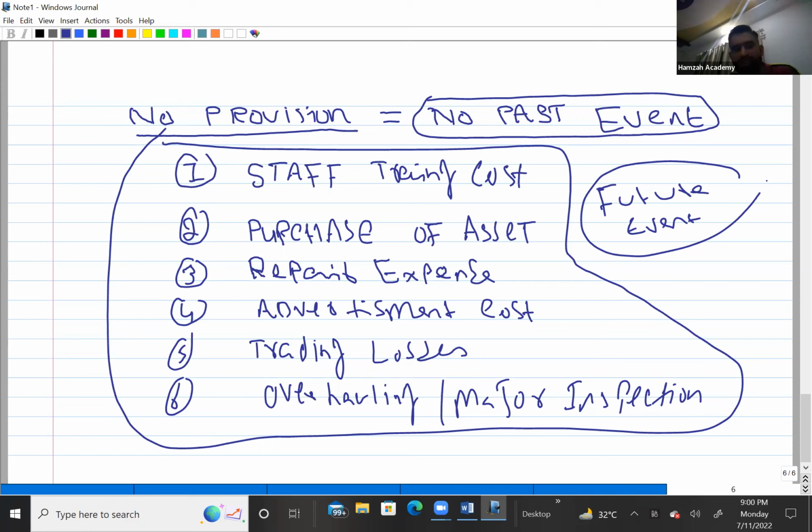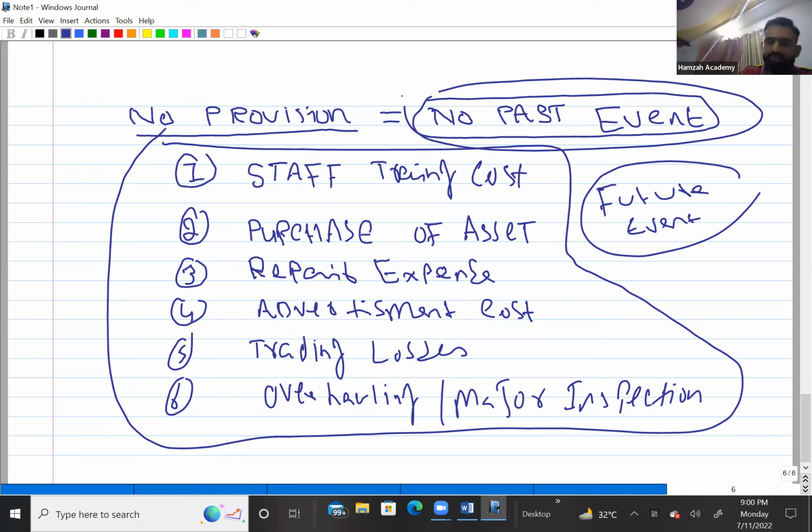I'm going to get my machine repaired, manufacturing plant repaired. I'm going to repaint my factory. These are all events which are going to take place in the future. Advertisement cost, future trading losses, overhauling, major inspection. For all such things, a provision cannot be recognized, and the reason is they lack the past event.